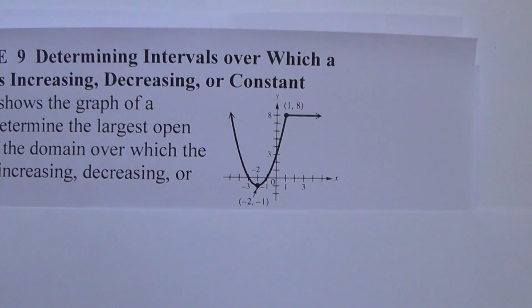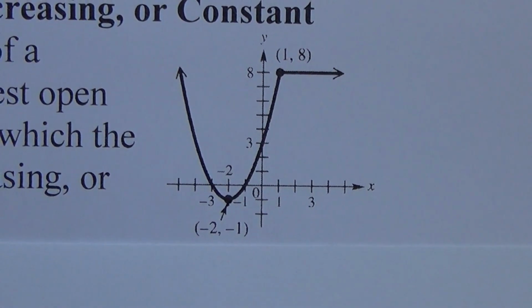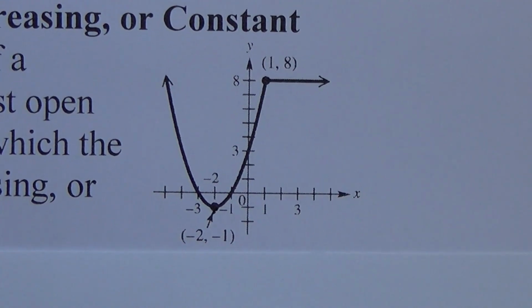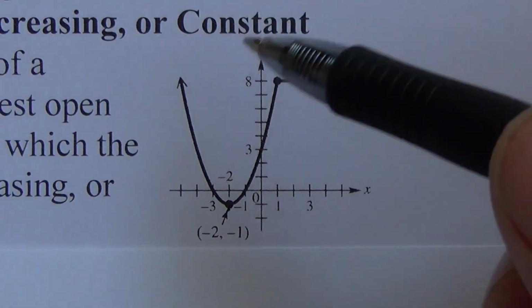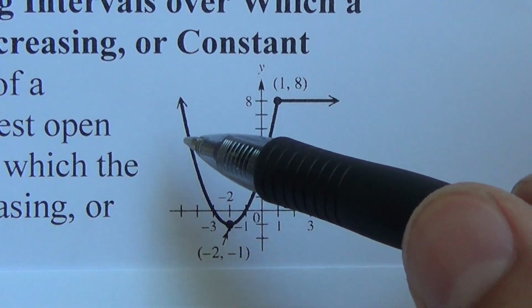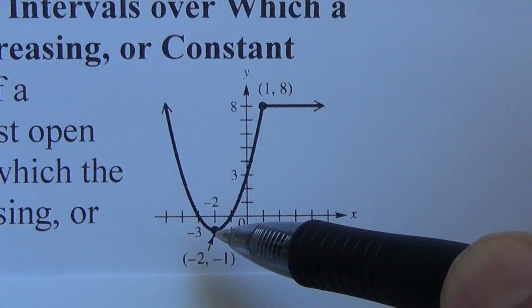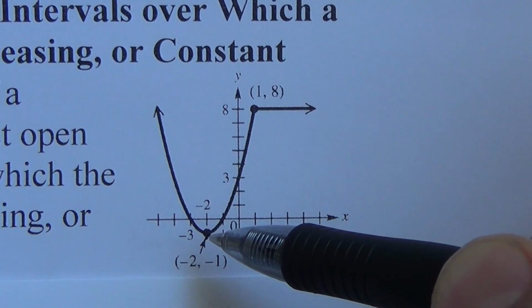So we have a function here. And I'm going to start from left to right. Looking from left to right, we see that it decreases down to this vertex at -2, -1.